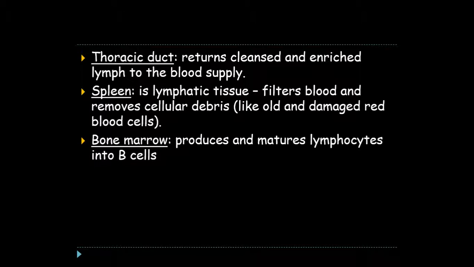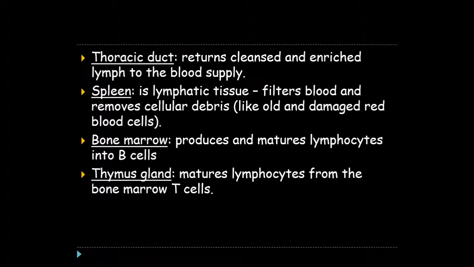What else do we have? We have the bone marrow. This produces and matures lymphocytes into B cells. Bone marrow, B cells, B and B go together, so just remember that the bone marrow produces B cells. And then we've got the thymus gland, which matures lymphocytes from the bone marrow, and that's T cells.